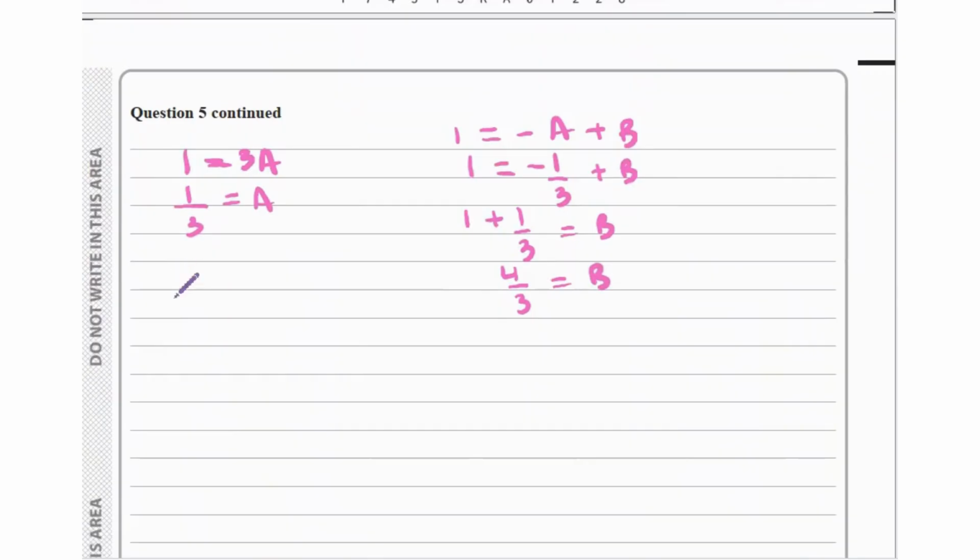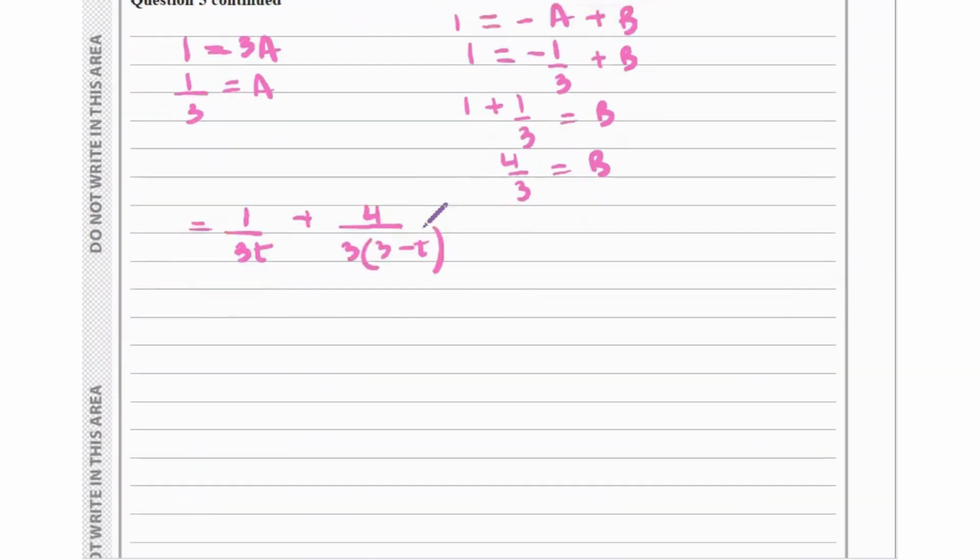So your partial fraction is going to be 1 over 3t plus 4 over 3 times (3 minus t). That's the partial fraction. Now we're going to integrate this.